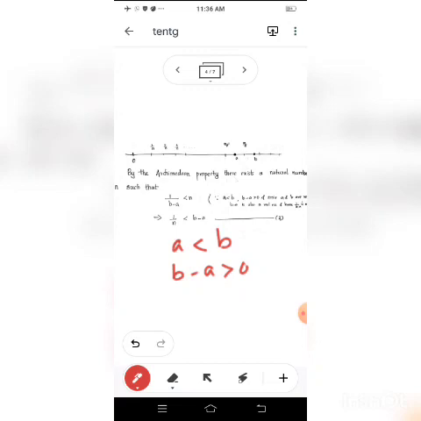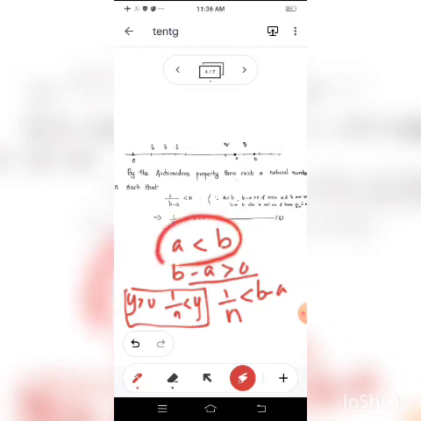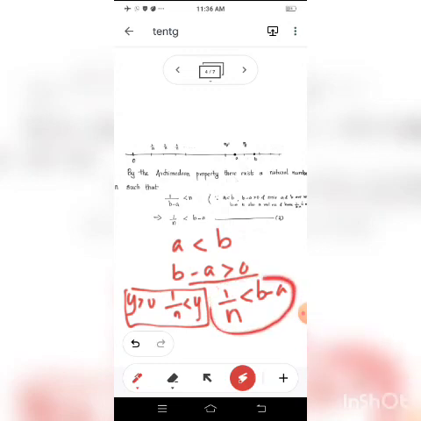Let's take y equal to b minus a. Then we can find a natural number n such that 1 by n is less than b minus a. This is the Archimedean property.